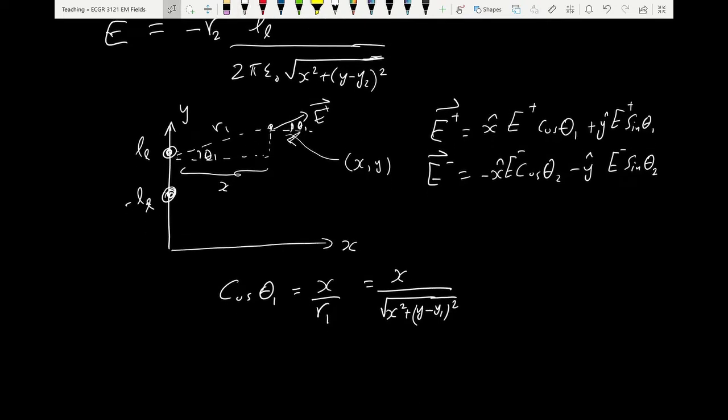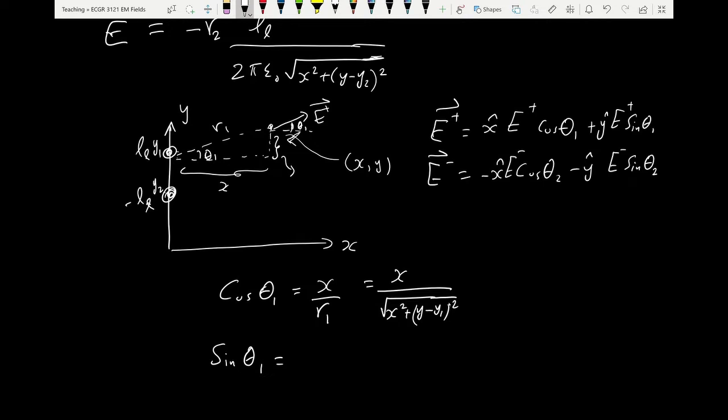What about sine theta 1? What is that equal to? Well, sine theta 1 is going to be this distance here, right? What is this distance? This line here is at the y1 coordinate. The y-axis represents the distance from the ground, right?